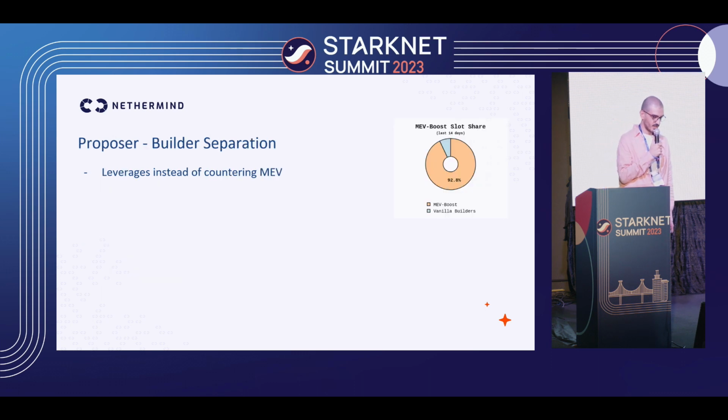So the last approach that I will talk about is proposer-builder separation. The previous two approaches that I talked about are trying to counter MEV. And PBS is trying to do the opposite and enshrine it and leverage it instead of countering it.